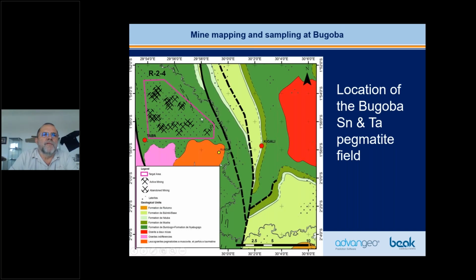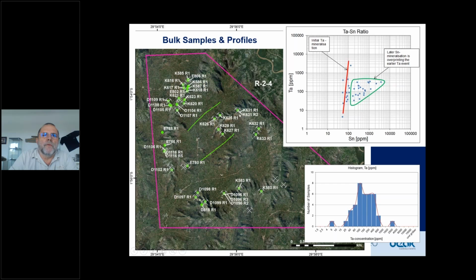So how do you identify possible pegmatite outcrops here? Those are the known mines related to the valleys. So here are the valleys with the known pegmatite mines, but here where we can probably find pegmatites is these flat mountain tops.